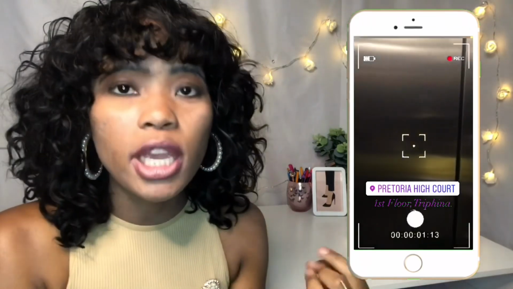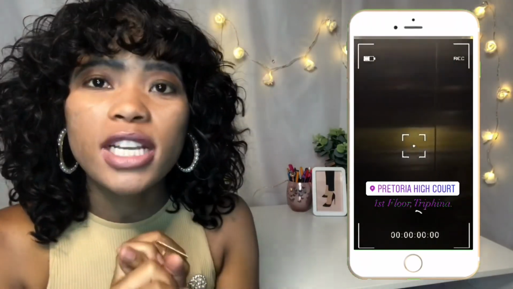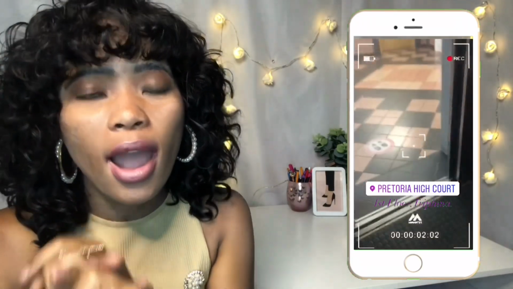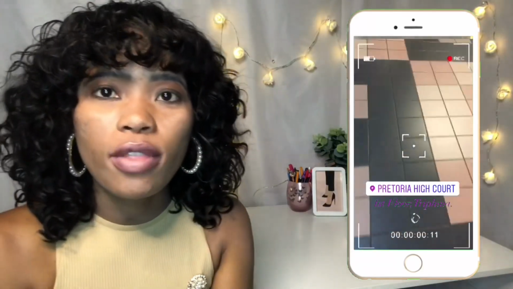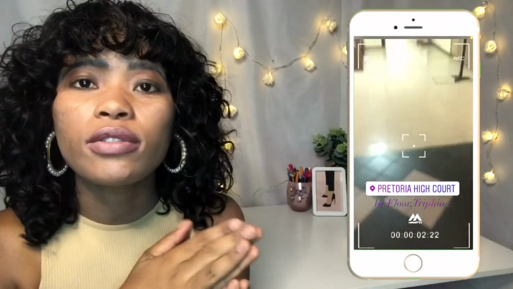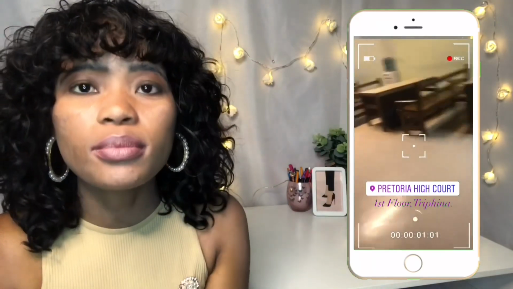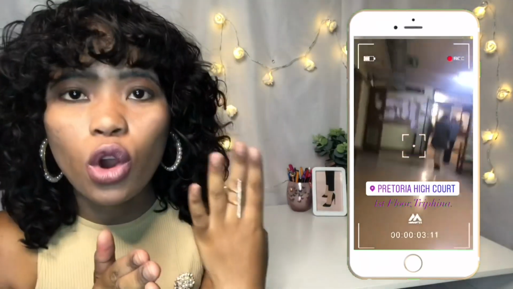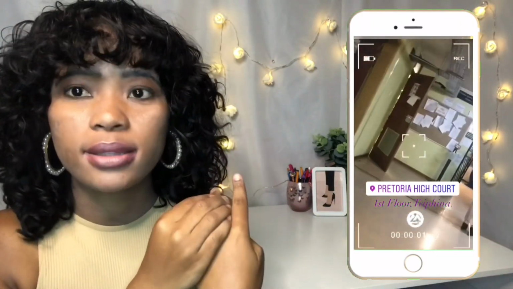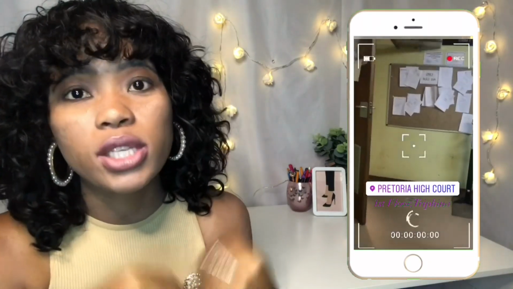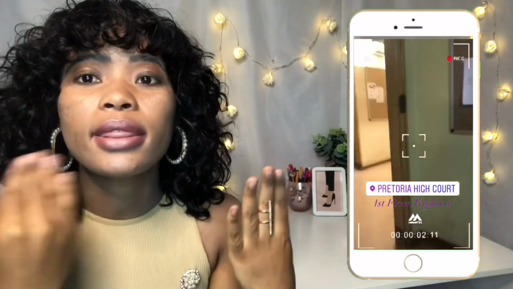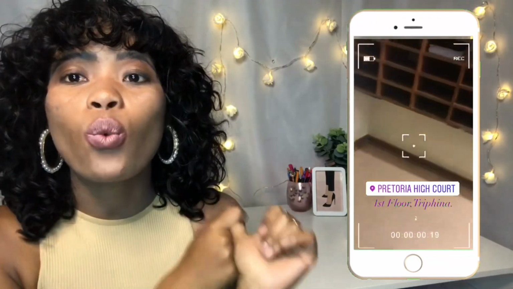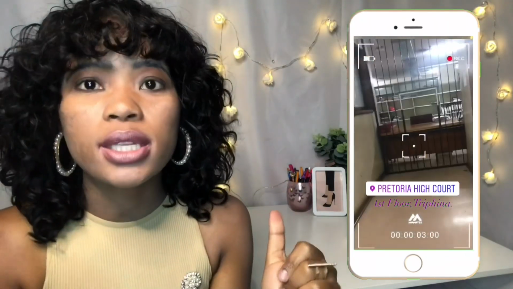The index to application and your notice of motion must be stamped by the registrar of the High Court. Then you give them 1 copy, and then you take the 4 copies with the original. That's what happened in my situation. I had the original and 3 copies, and I left 1 copy at the High Court.